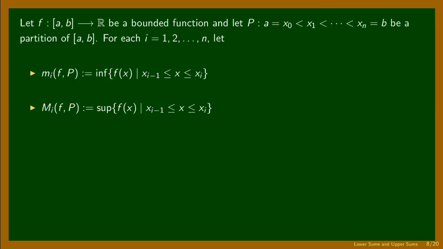Kung continuous naman yung f, the extreme value theorem will guarantee that the infimum is just the minimum. Right? Similarly, yung big Mi naman, pupunta ka ulit dun sa i interval, and then you will look at the values of f on that interval, and then among those values, kukunin mo naman yung supremum. Again, kung continuous naman si f, yung supremum na yan, siya rin yung maximum.